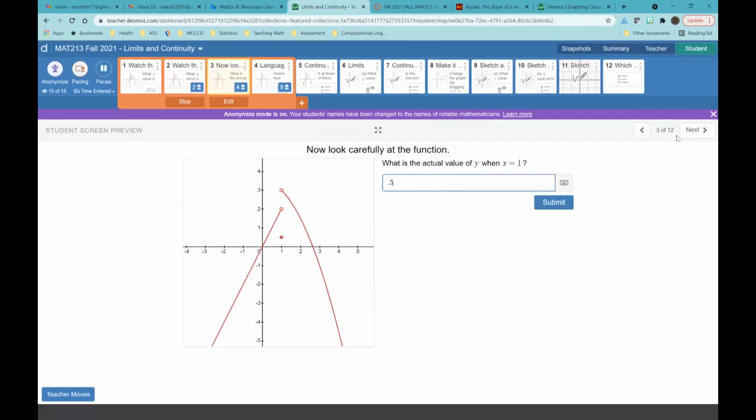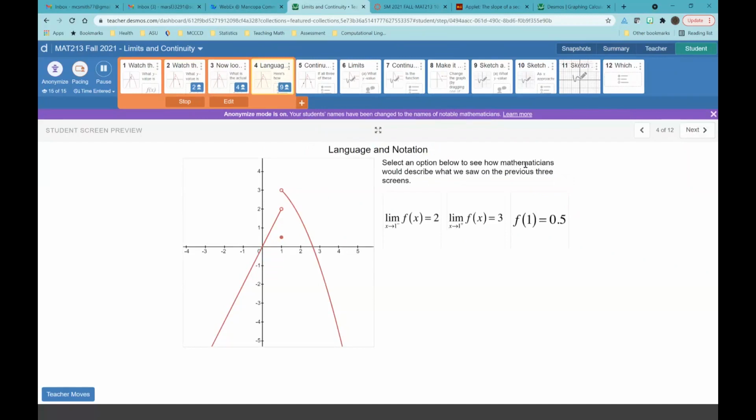And the last slide says select an option to see how mathematicians would describe what you saw on the previous 3 screens. Well, basically, the limit as you approach 1 from the negative side, the left, is 2. Yeah, that's right. The limit as you approach 1 from the positive side, the right, is 3. And the actual value of the function is 0.5.